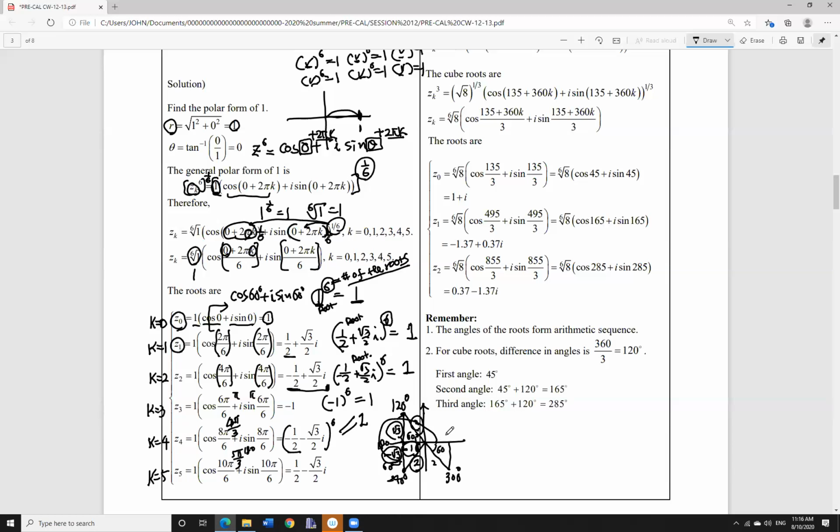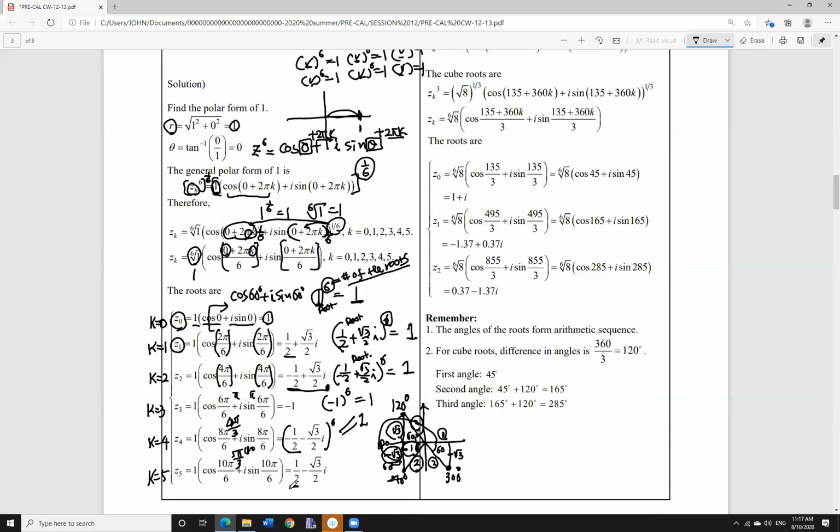The distance is 2, the distance is 1, the other distance is root 3, isn't it? But this coordinate, x is positive, y coordinate is negative, so we take a negative over here. That's it. What is the value of cosine 300? 1 over 2, isn't it? That's why 1 over 2.